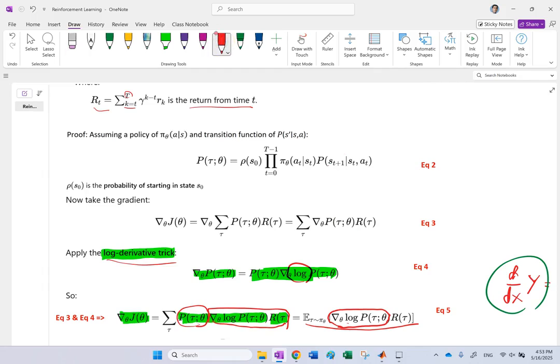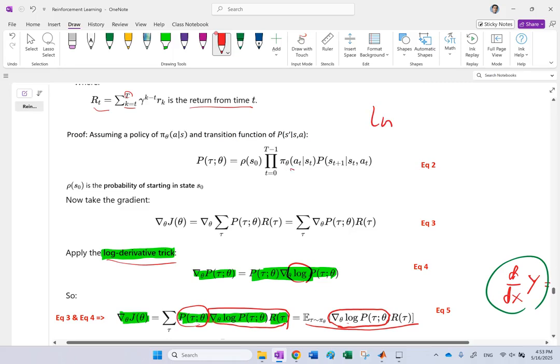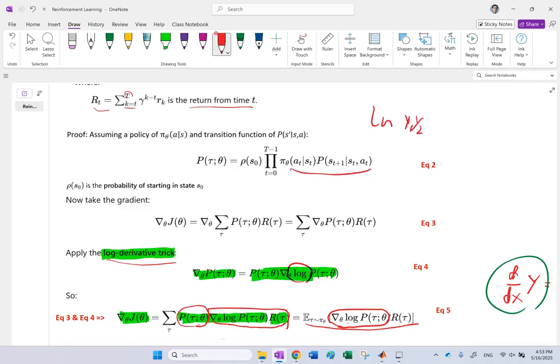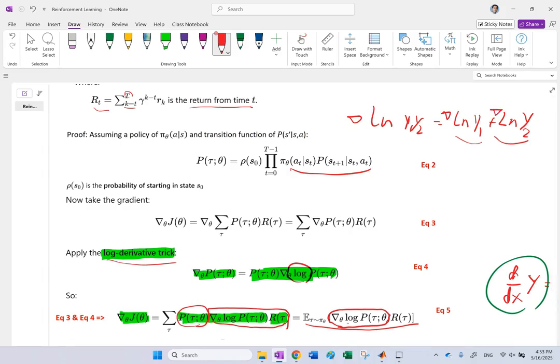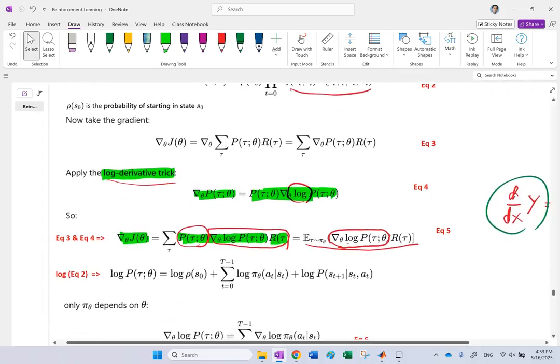So the best thing to do is to take log, right? If I have a bunch of terms like y1, y2, then log of that is going to be natural log of y1 plus natural log of y2. And since now it's a linear relation, I can easily apply my del to these individual ones. To convert my product into a summation, that is why we use the log trick.